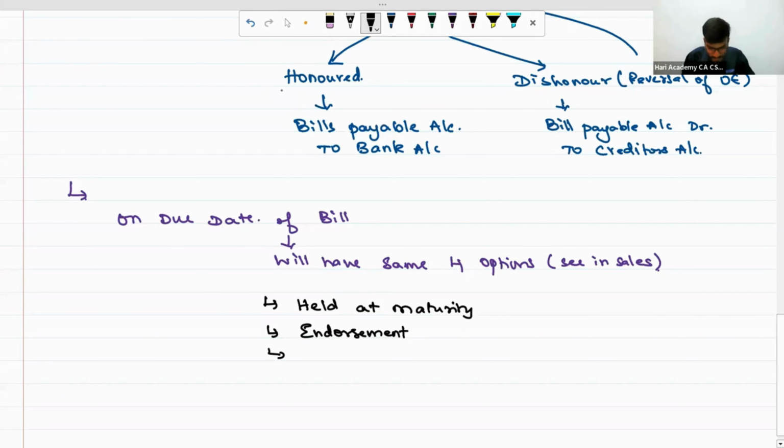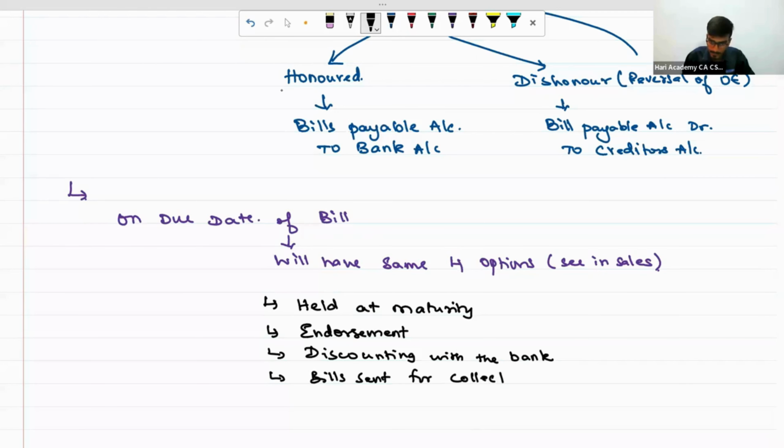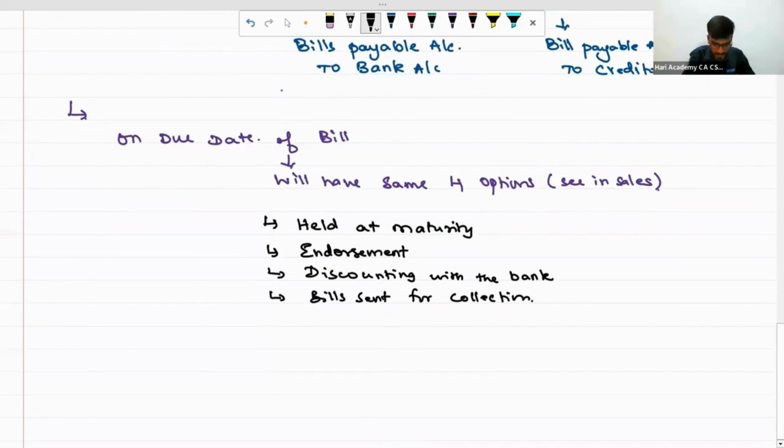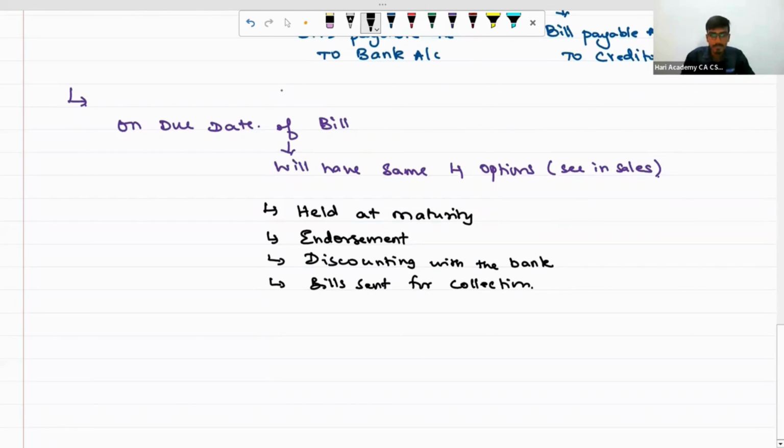Then the third one is discounting with the bank, and the fourth is bills sent for collection. Here, the usual set of entries will be like this: debtors account, debtors to creditors account.